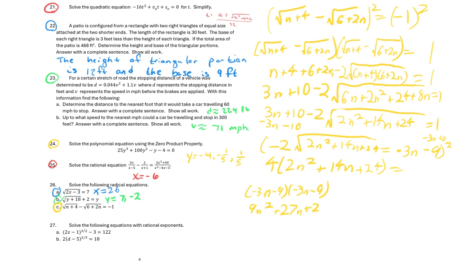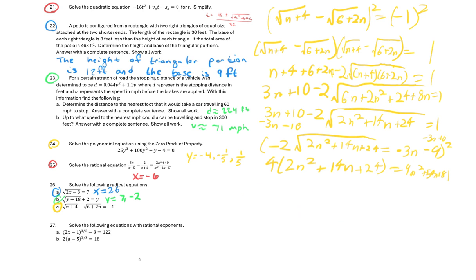Inner, we're also going to have another plus 27n, and last, we're going to have a plus 81, right? Simplifying that, our 27s together, so 27 plus 27 is going to give us 54n, so 9n squared plus 54n plus 81 is what that negative 3n minus 9 squared is going to give us. Write that up here: 9n squared plus 54n plus 81. I'm going to erase all this real quick.